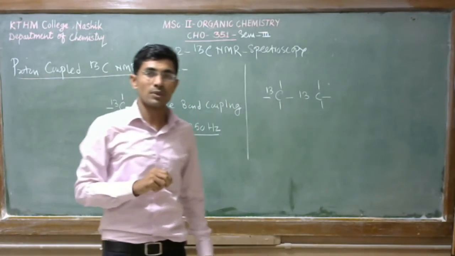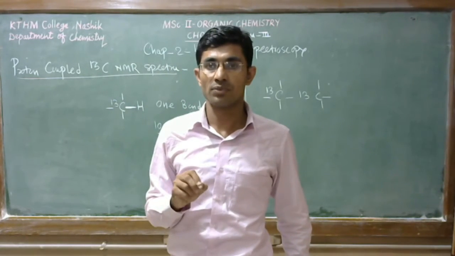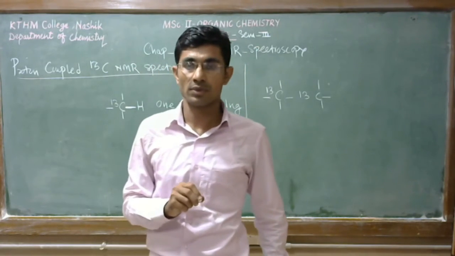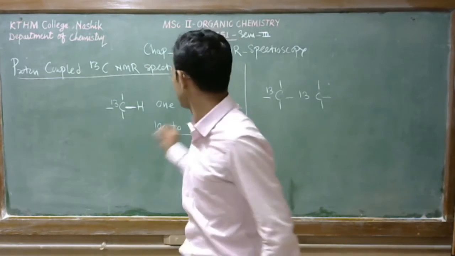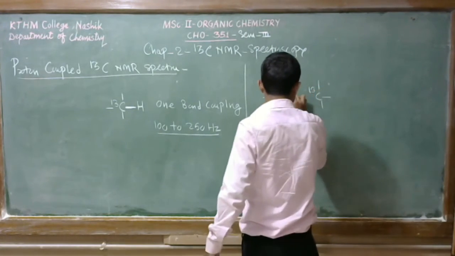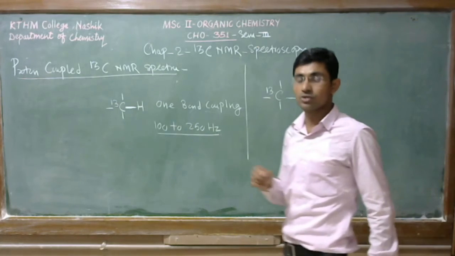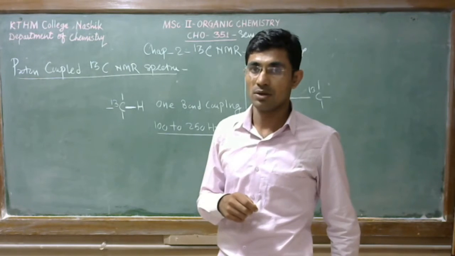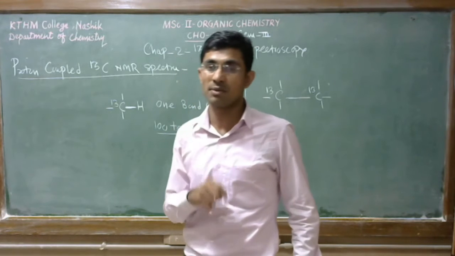So in our molecule whose 13C NMR spectra is to be recorded, two adjacent carbons, means two nuclei adjacent to each other, which are also 13C nuclei, are coupled to each other. This coupling is homonuclear coupling, and it is rarely observed in proton coupled 13C NMR spectra.